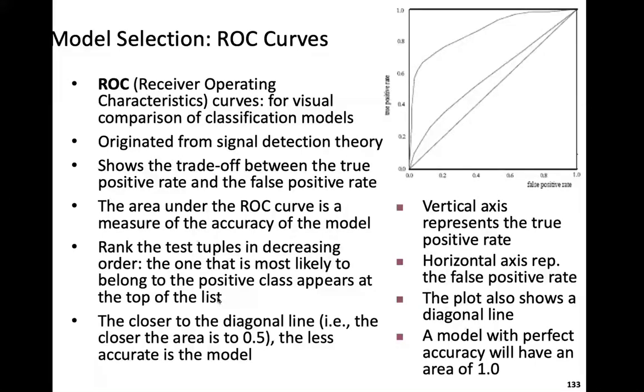If there is no bias, it is going to be along that diagonal line. So it shows the trade-off between the true positive rate and the false positive rate. If it is a flatter curve, it means that the false positives are higher, and the area under the ROC is the measure of the accuracy of the model.